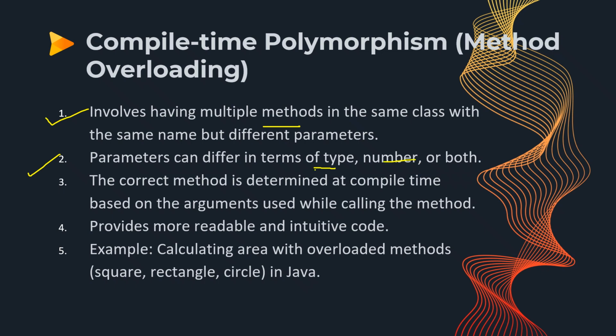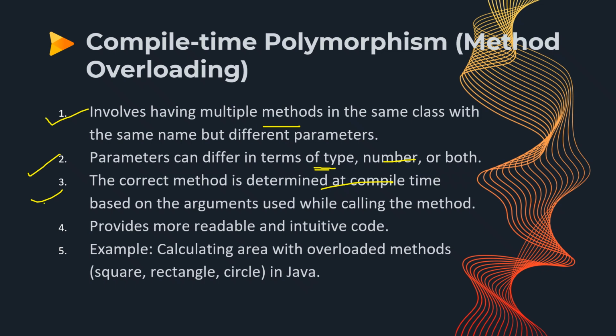So if we have int and float in our first method, then we can use both integer types, or if you provide a single parameter in the first method, we can use two or none in the second method. The correct method is determined at compile time based on the arguments used while calling the method.